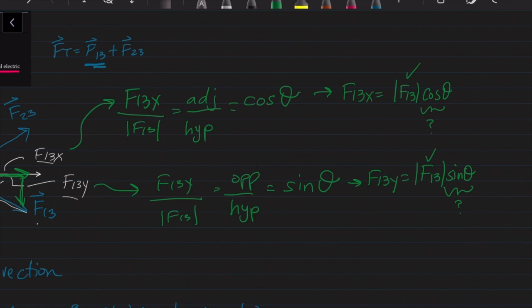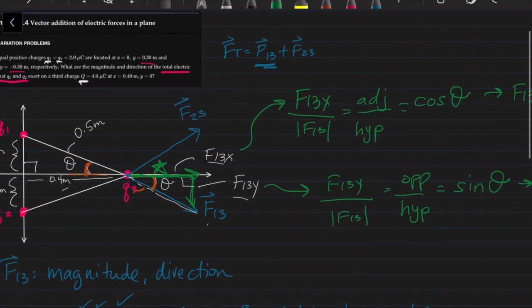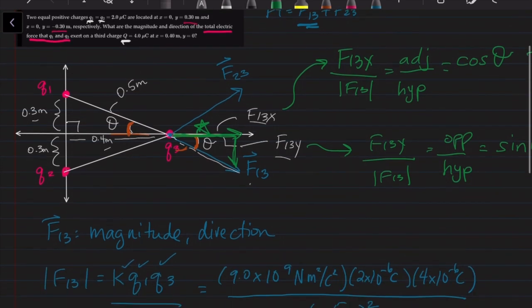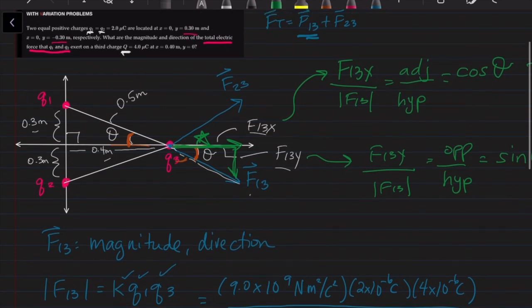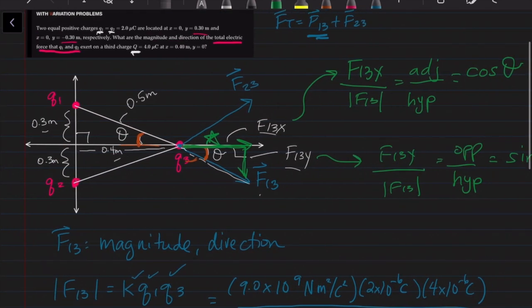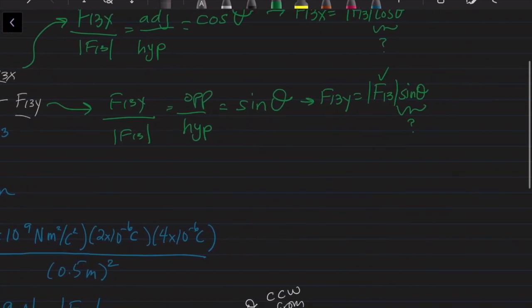We need to substitute something in there, and what we're going to substitute comes from the similar triangle where we have all the sides. Therefore we know exactly what sine theta and cosine theta are. So using our similar triangle, I'm going to draw it over here.